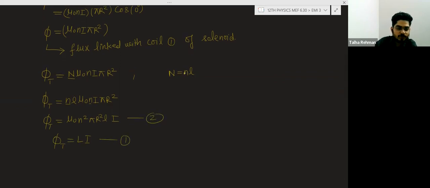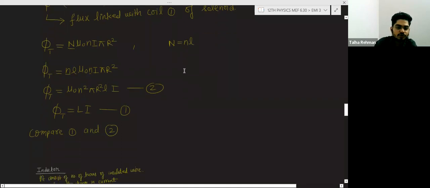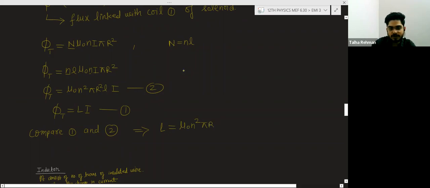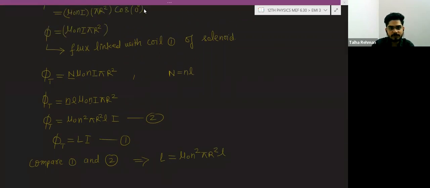You compare both equations, and you get the coefficient of self inductance: L is equal to mu 0 n square pi r square L, where I cancels out. Here I have taken capital R for the radius. So you will get this formula.